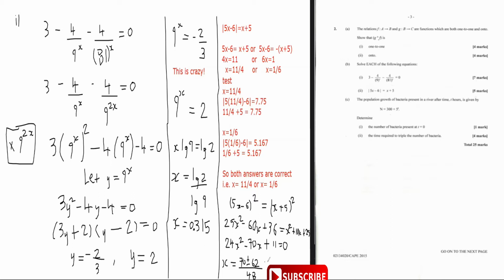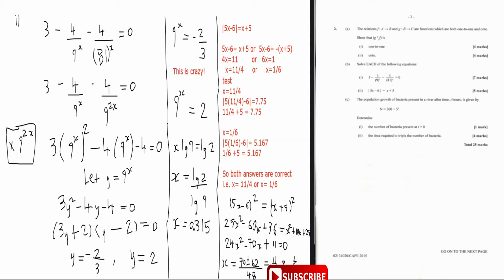As you can see, the two answers you're getting are 70 plus 62 divided by 48, giving you 11/4. So in this case, x is 11/4, or x is 1/6. All right, nice and easy. So anyway you take it, you're getting the two answers, 11/4 or 1/6.